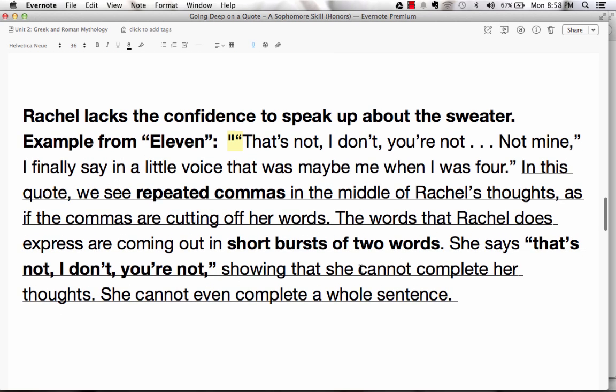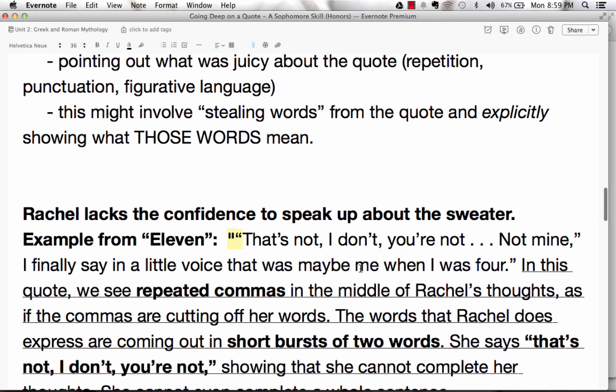So let's take a look at what that might look like. We have our claim. Rachel lacks the confidence to speak up about the sweater. I did not include the context yet. I have that above. Here's my quote. "That's not, I don't, you're not mine." I finally say in a little voice that was maybe me when I was 4. Now I'm going to talk about 2 things, right?